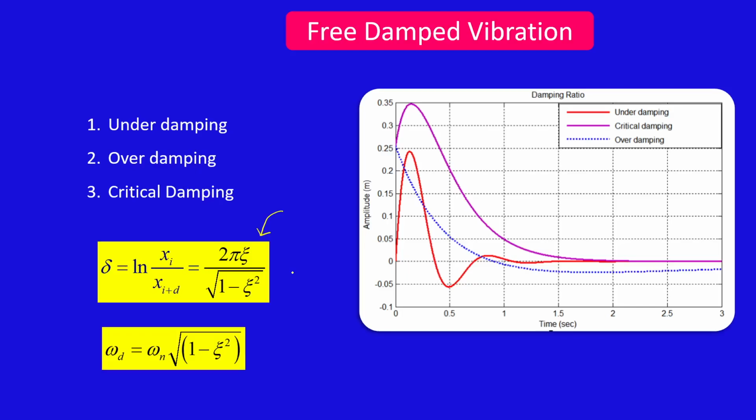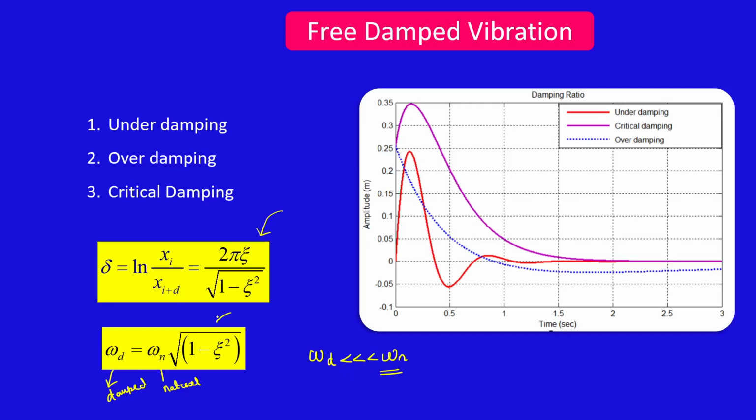Then the difference between damped frequency and natural frequency. This is damped frequency. This is natural frequency. What is the difference between these two? Omega d is always less than omega n. Omega n, the natural frequency, is always higher, because the moment you add damping, the frequency will decrease.